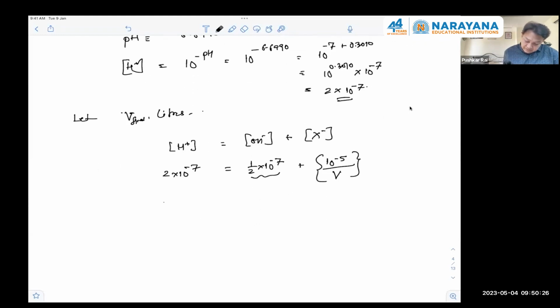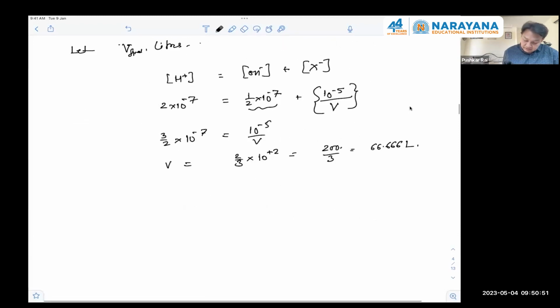So 3 by 2 into 10 to the power minus 7 is equal to 10 to the power minus 5 by V. So V is equal to 2 by 3 into 10 to the power 2, which is 200 by 3, 66.6666 liters. Minus 1, so basically you have to add 66.666 minus 1, which is 65.666 liters.